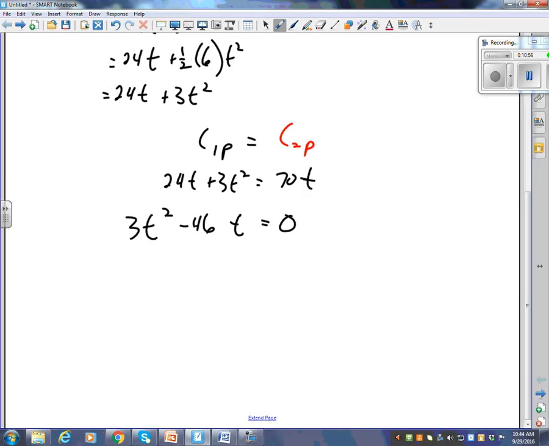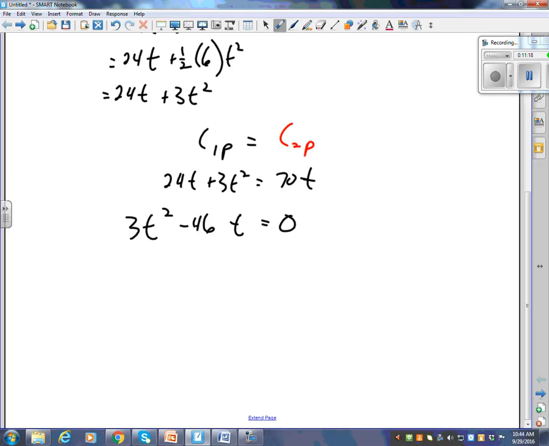Okay. We have a quadratic equation to solve. I'm going to do it two ways. Because right away I see that there's that ax squared plus bx plus c. There's no c. It means it's 0.